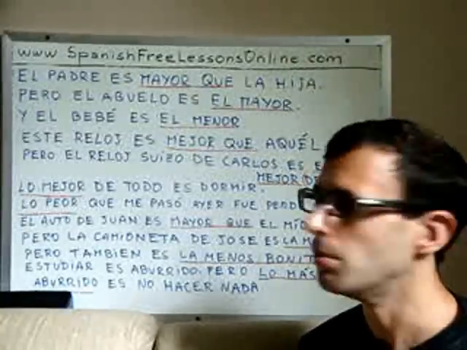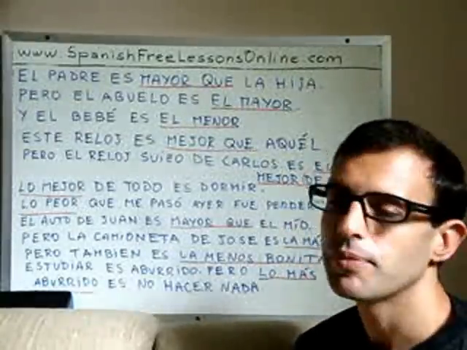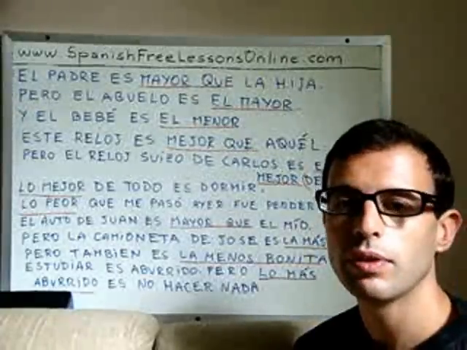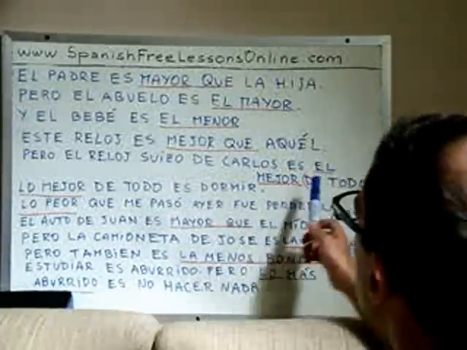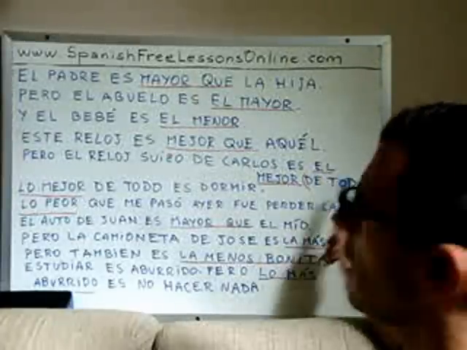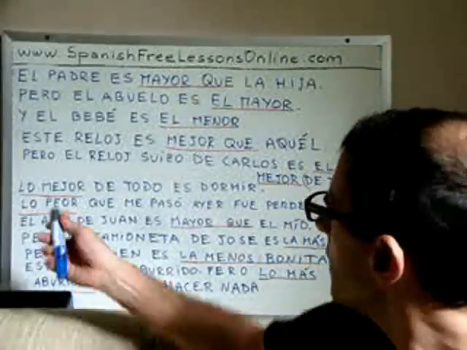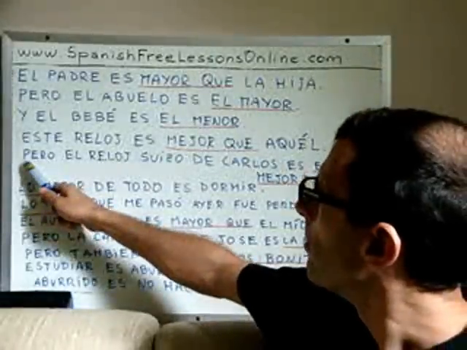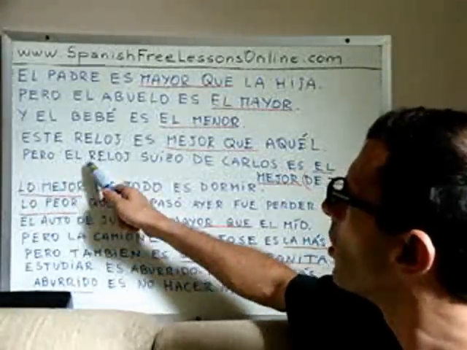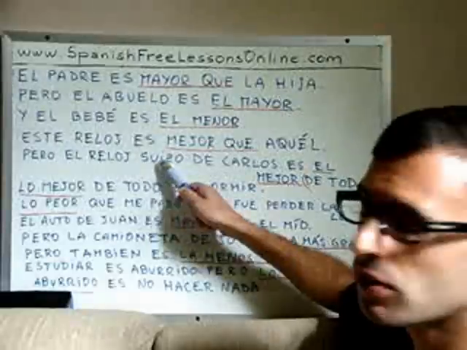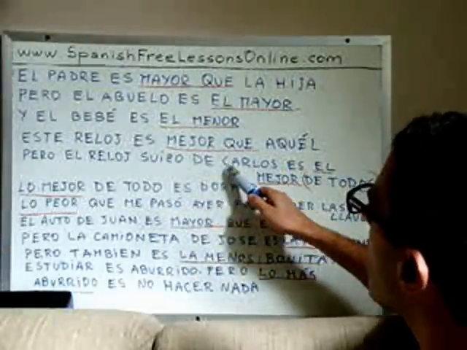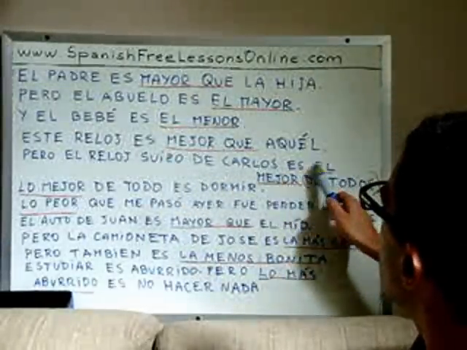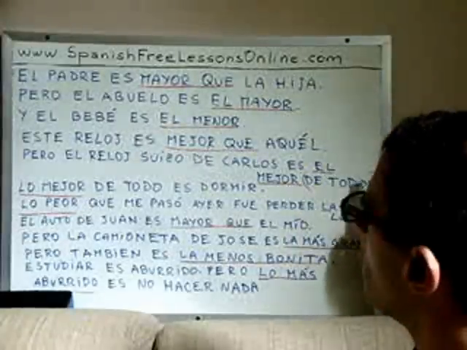It's up to you, but frequently it's used with or without this clarification that is redundant. Let me translate. But the Swiss watch of Carlos is the best of all.